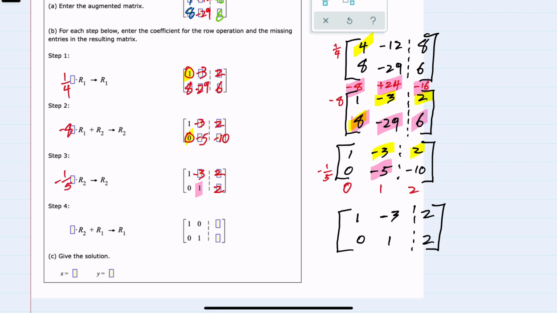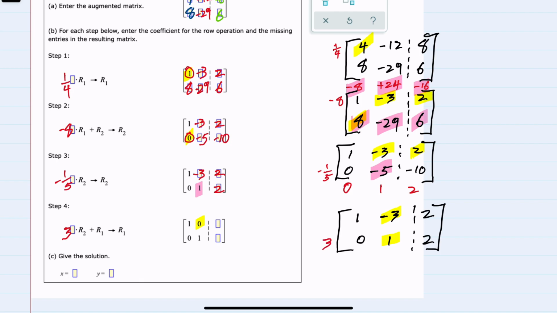Lastly, we want to get the 0 in that upper right-hand corner, which means I need to turn this -3 into a 0. First, by multiplying the bottom row by something that will allow me to add and cancel out the -3. So here I will need to multiply by a +3.